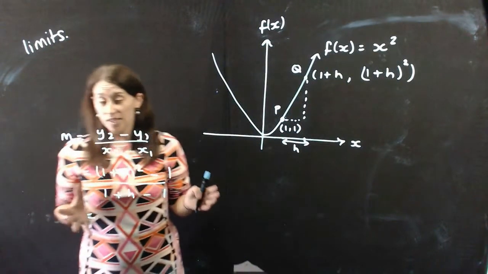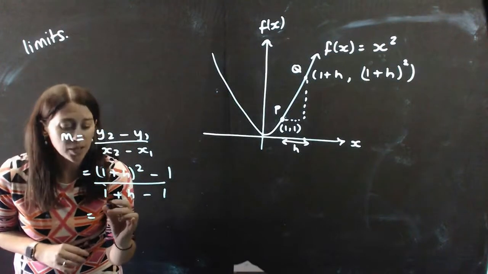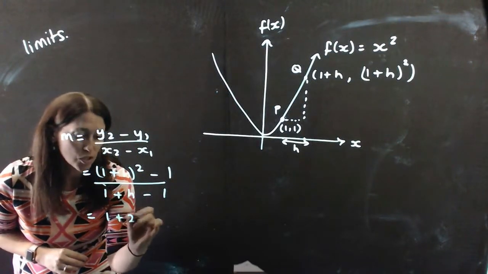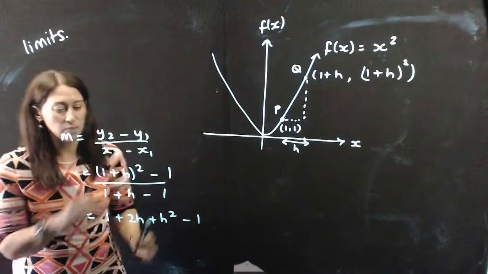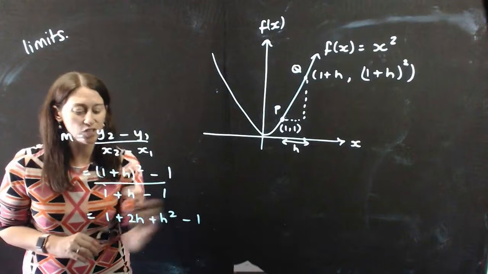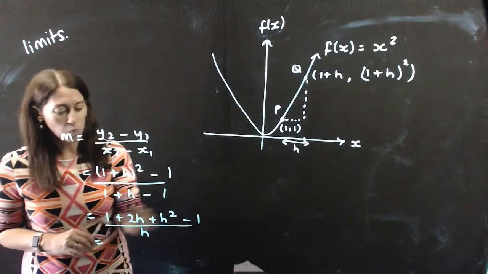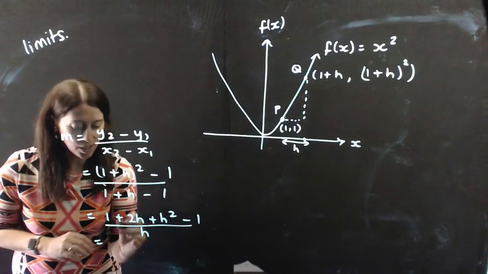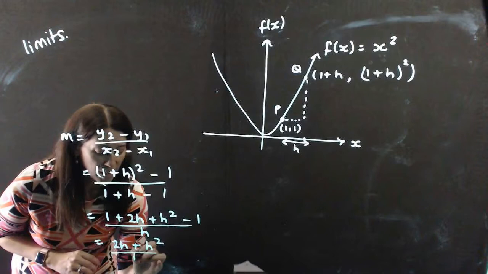Now I can work this out by using a quadratic expansion, so that gives me 1 plus 2h plus h squared, minus 1, as the numerator, and the denominator just leaves me with h. Now let's simplify this. 1 take away 1 is gone, so I'm just left with 2h plus h squared over h.